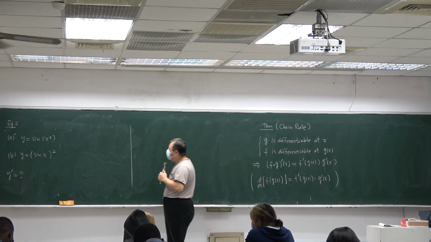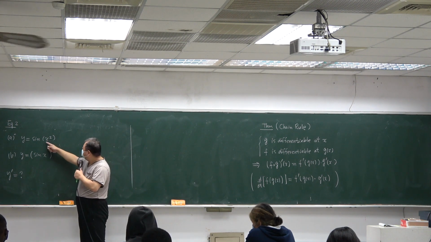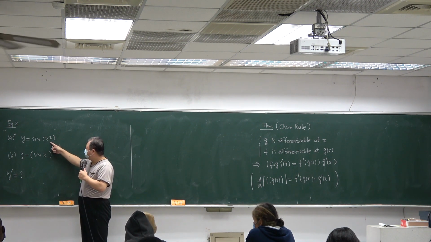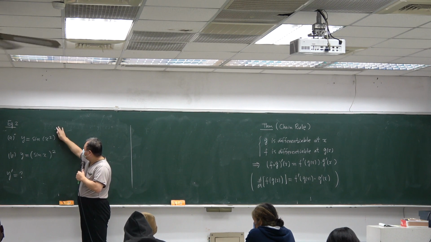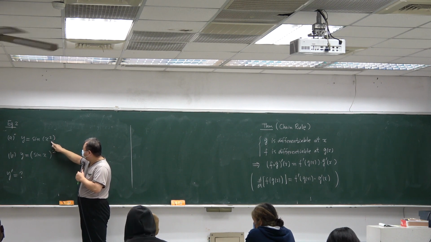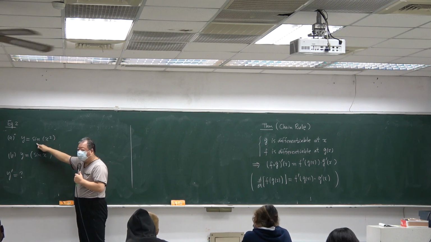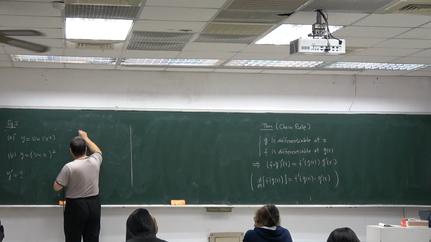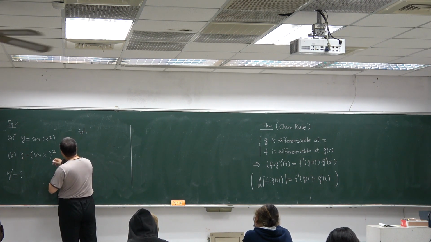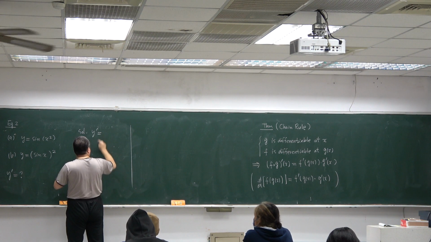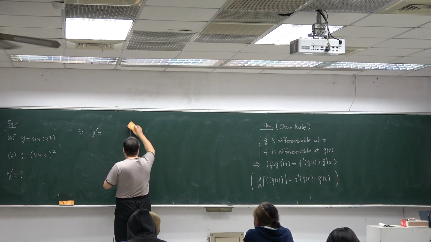Here, x is mapped to x squared. So first we have a polynomial, then sine. So we can find y prime by differentiating sine first.